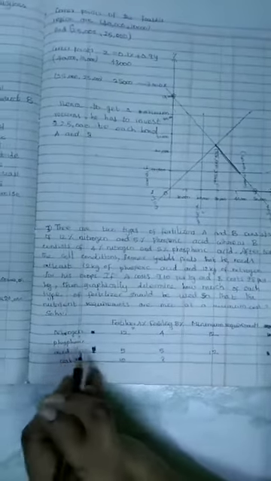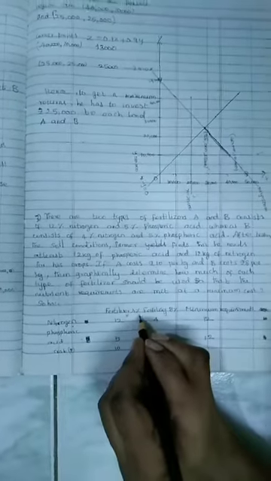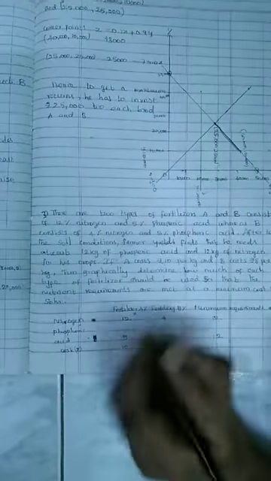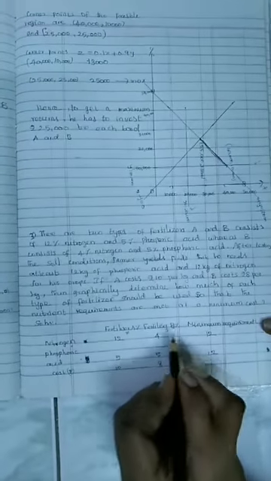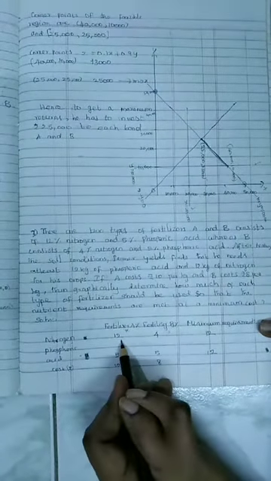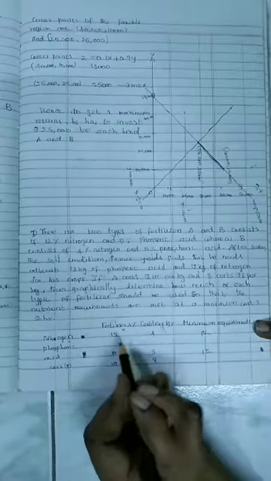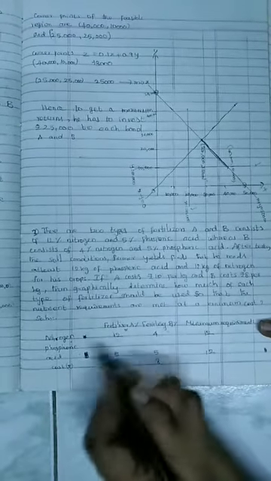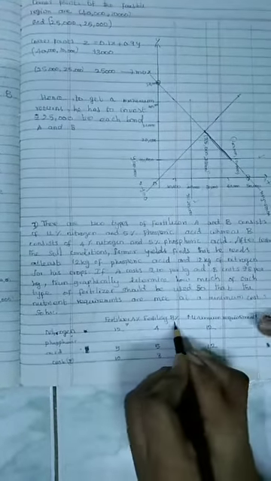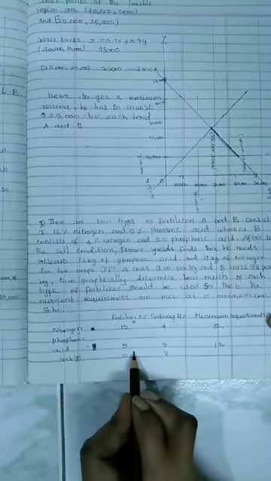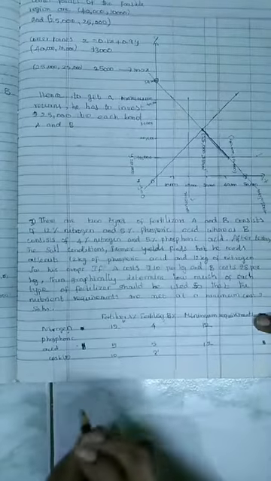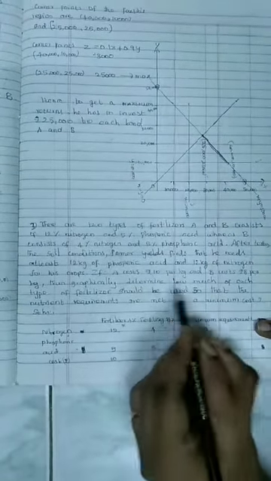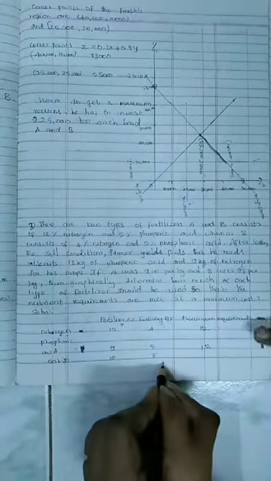Okay, here one criterion is nitrogen and another criterion is phosphoric acid. Fertilizer A can be considered as x, B can be considered as y. Nitrogen has 12% of fertilizer A and 4% of fertilizer B. Then phosphoric acid has 5% of A and 5% of B. Cost for fertilizer A is given as 10 and for B it is 8.